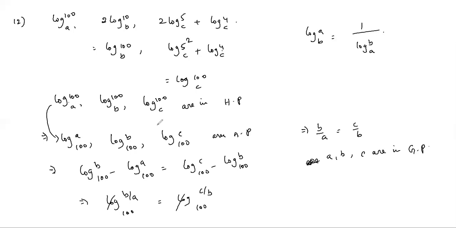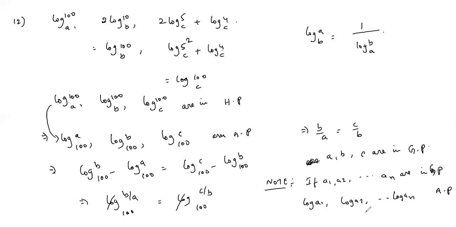Actually, you can see it clearly here. If logarithms are in AP, terms are in GP. That is the property we have. If A1, A2, and so on up to AN are in GP, their logarithm series log A1, log A2, and so on up to log AN is in AP, and the common difference is log R. It is an if and only if condition.